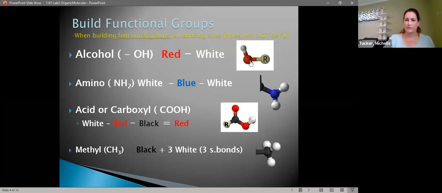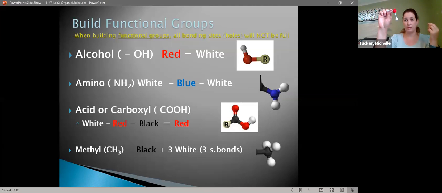And so when we build an alcohol, sometimes these are also called hydroxyl. Chemists sometimes use the same names, and sometimes they don't. So this molecule here is hydroxyl or alcohol.